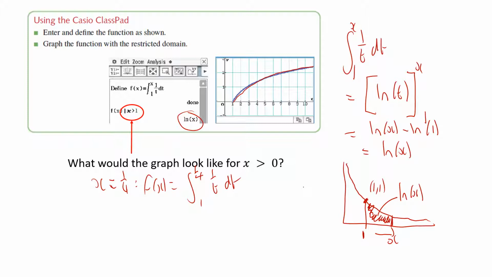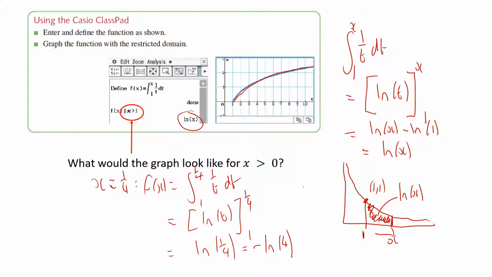Now, because a quarter is less than 1, we're expecting a negative value. We've got natural log of t from 1/4 to 1, and we sub in 1/4, minus natural log of 1, which as we know is 0, and that's equivalent to minus natural log of 4, a negative value.